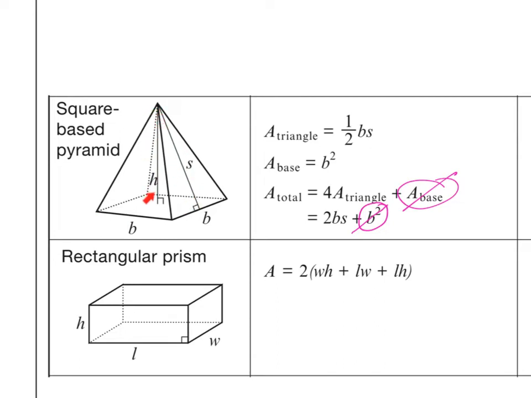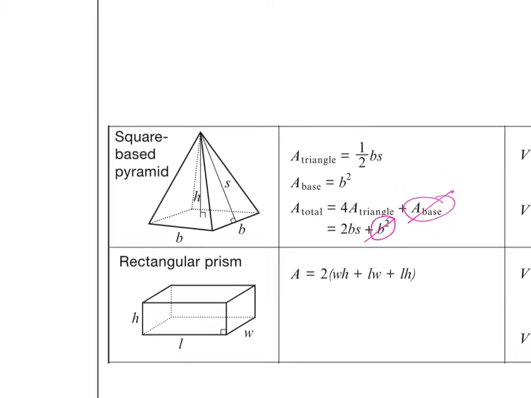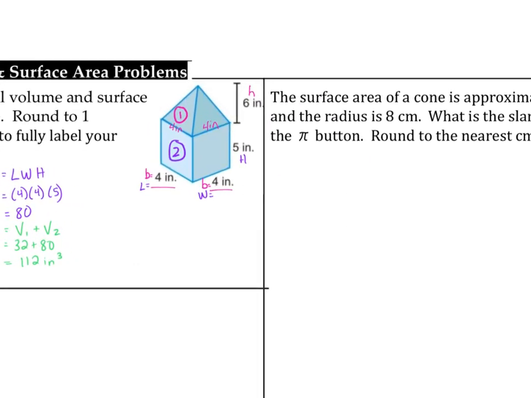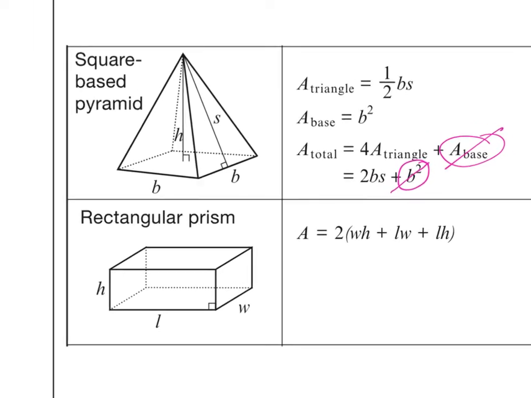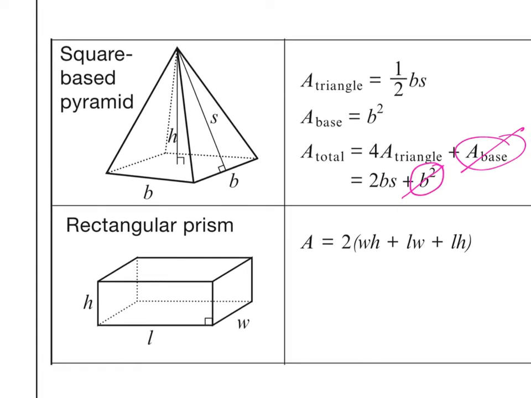It's not the same as the actual height. So the actual height of the pyramid is 6. That is not the same as the slant height. So you have to use Pythagorean Theorem to figure out what the slant height is going to be.